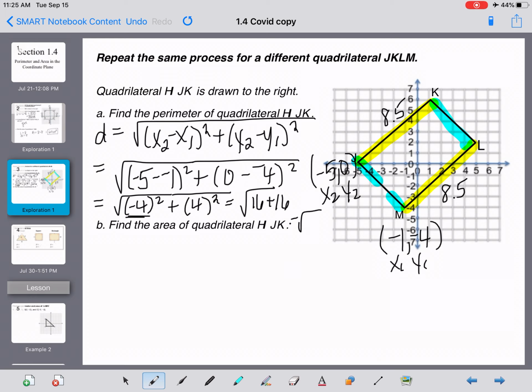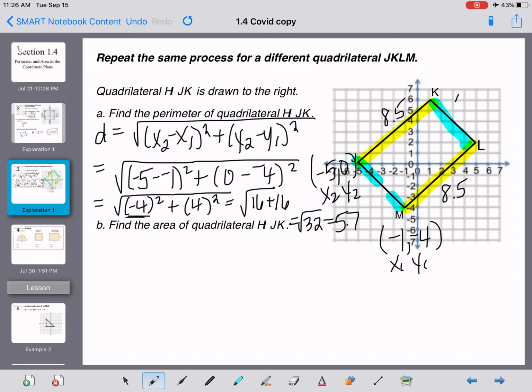So I'm getting the square root of 32, which is approximately 5.65, so we'll just say 5.7.